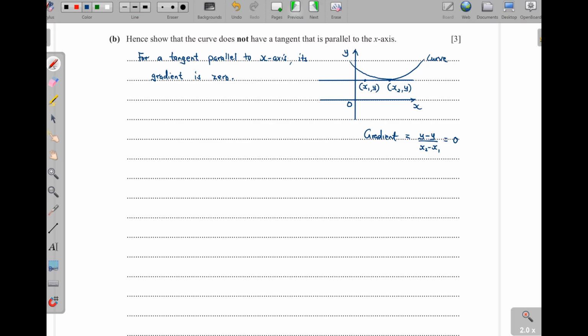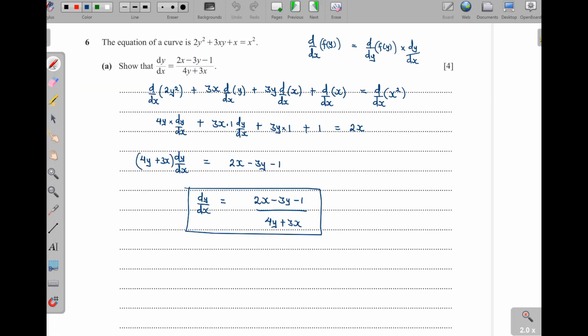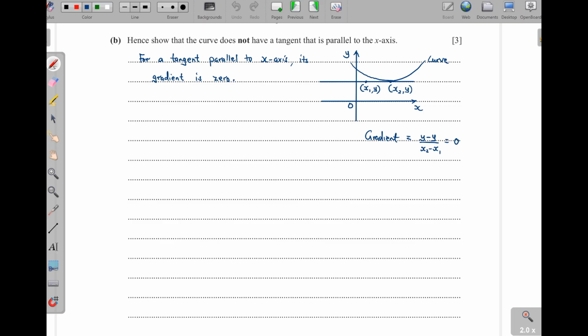Now, let us proceed with what we are having here. Our dy dx, remember, is 2x minus 3y minus 1 over 4y plus 3x. So this is 2x minus 3y minus 1, then we divide by 4y plus 3x. We have to equate this one to 0, like we have seen here. Then you can cross multiply.